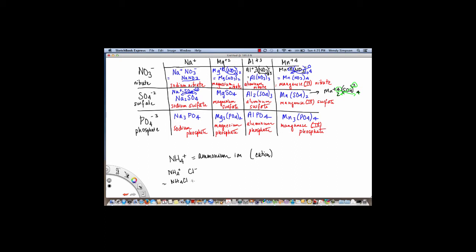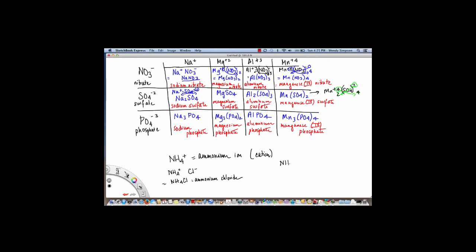This is ammonium chloride. Again, the same rules apply. The ammonium acts as a single unit. The entire unit has a +1 charge.